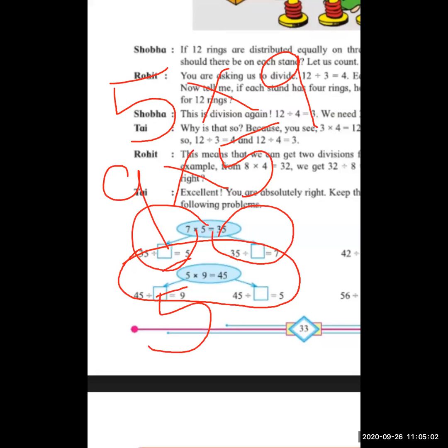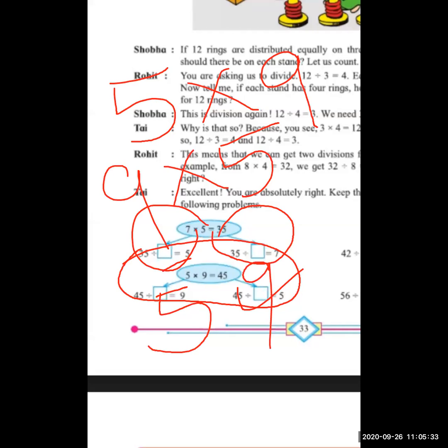Now go to the next. 45 divided by dash is equal to 5. Tell me what answer will come? Very good. It's 9, 45 divided by 9. Understood till here, everyone?